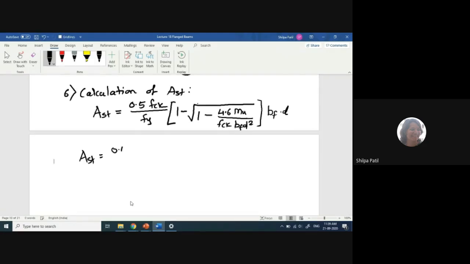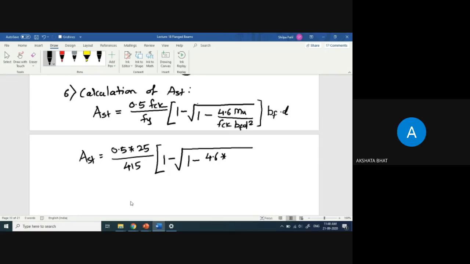So this is 0.5 into fck, which is 25, divided by fy, which is 415, into bracket 1 minus root of 1 minus 4.6 into Mu. The Mu value was 261 kilonewton meter.